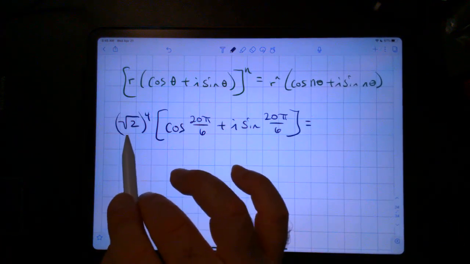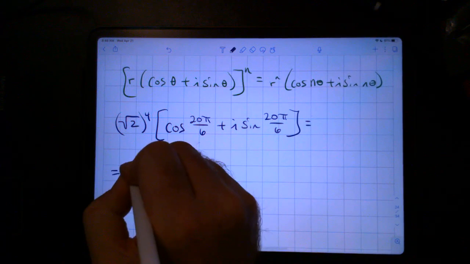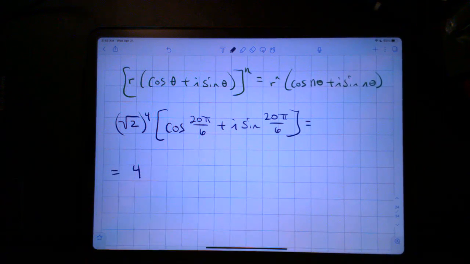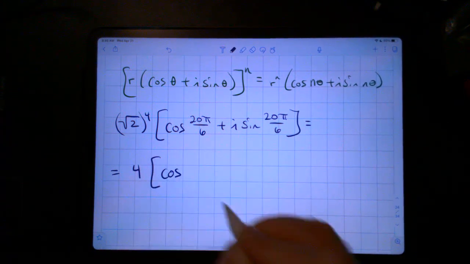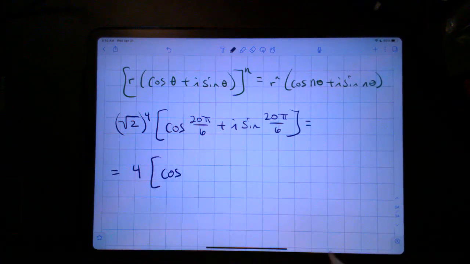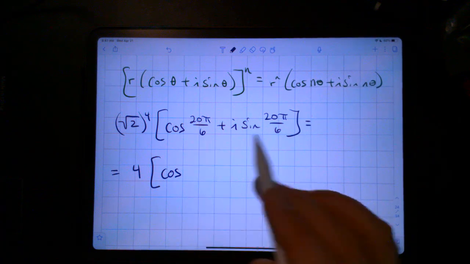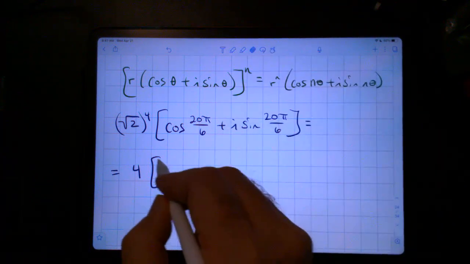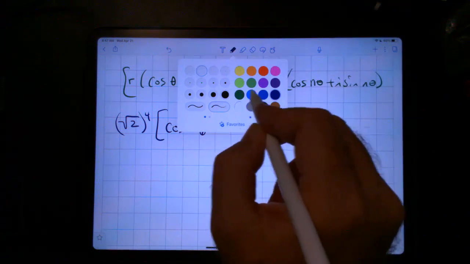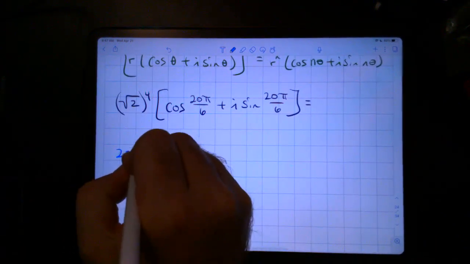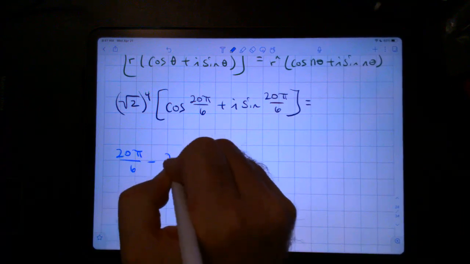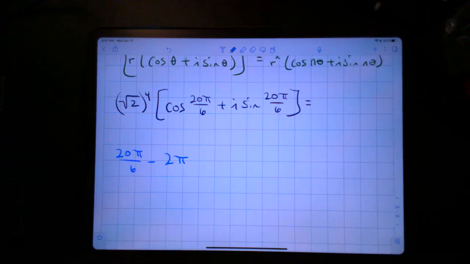So this is going to be 4 times 20 pi over 6. We can subtract. Let me do some notes on the side here. Remember, we can subtract 2 pi from any angle.